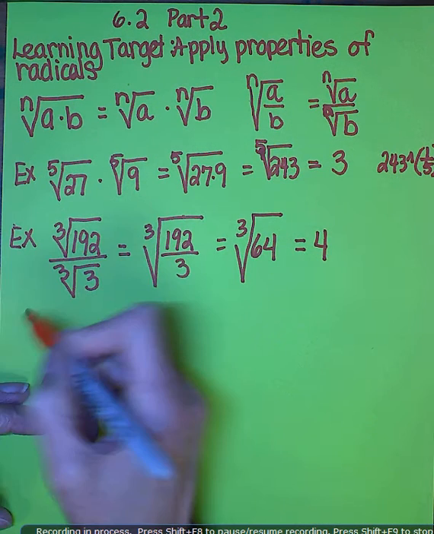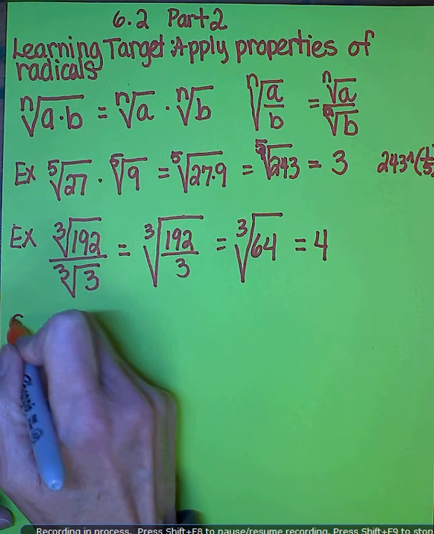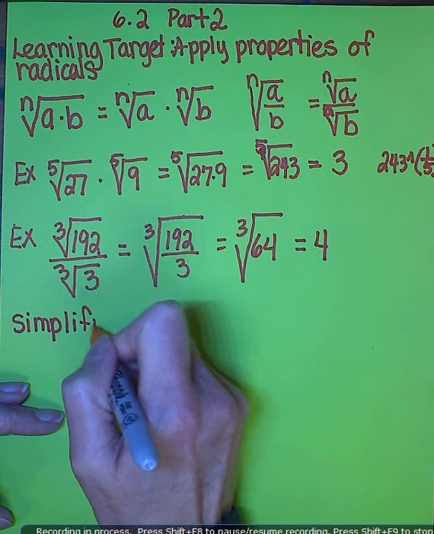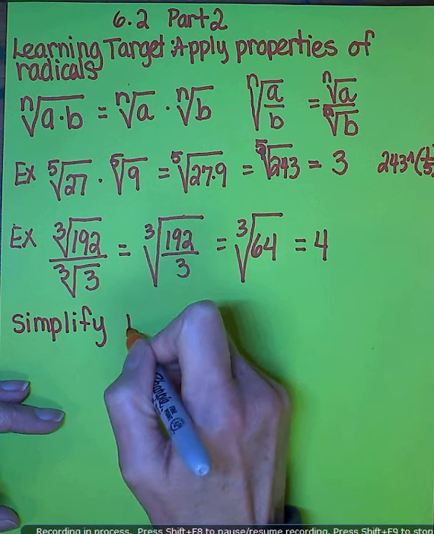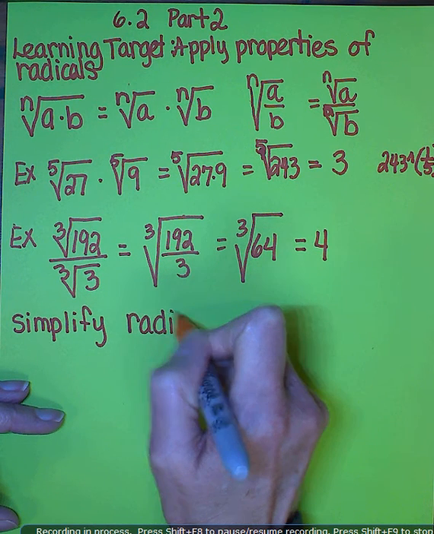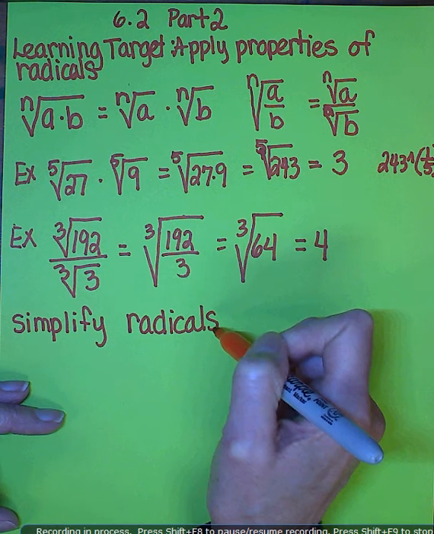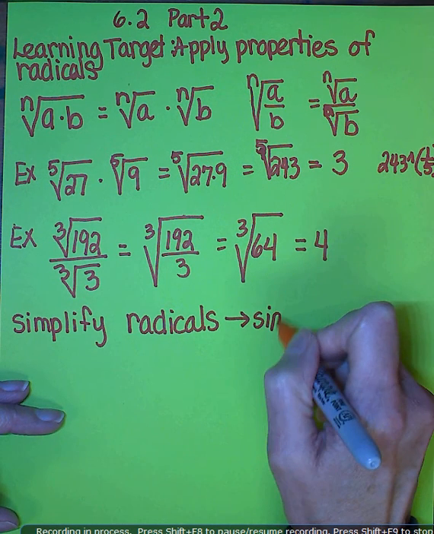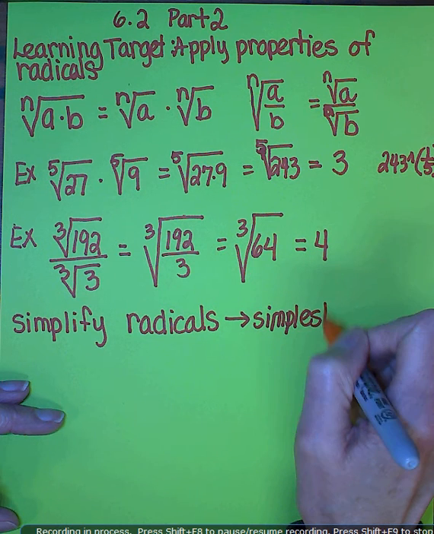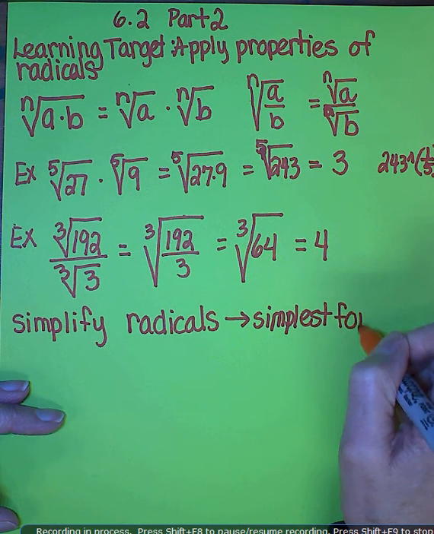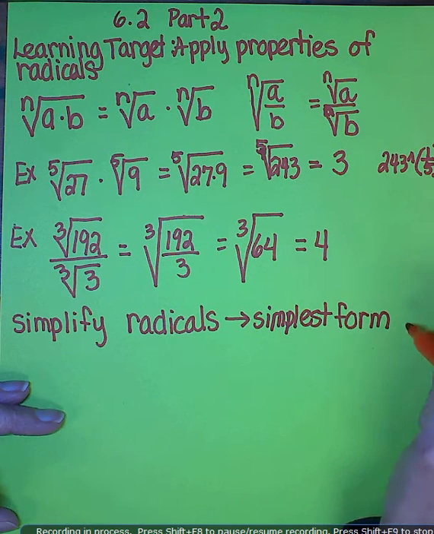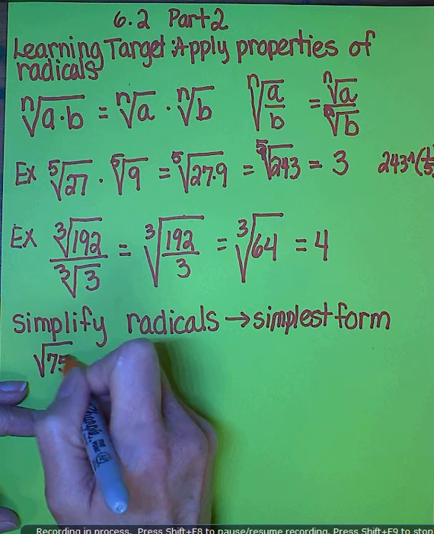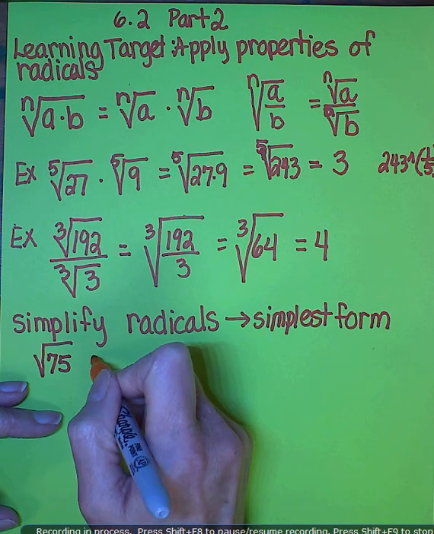Okay, now what we're going to do is we're going to learn how to simplify radicals that aren't square roots. Okay, so we want to write them in simplest form. Sometimes the directions say that too. So I want to start with just a square root, because you've been doing this since your freshman year, simplifying the radical.